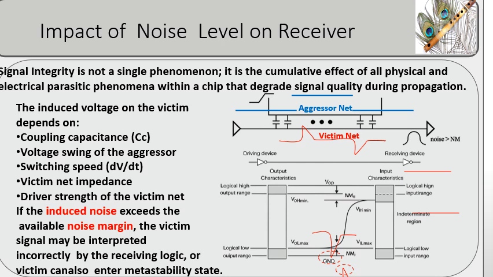However, when the noise exceeds the available noise margin, the receiver may incorrectly detect a logic transition, resulting in false switching, timing violations, or metastability. Maintaining adequate noise margins is therefore essential for ensuring reliable signal transmission in high-speed VLSI circuits.